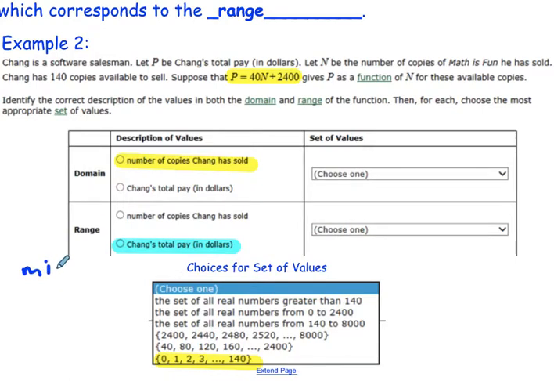The minimum would be found by him selling 0 magazines, which would mean that N equals 0. So P equals 40 times 0 plus 2,400.